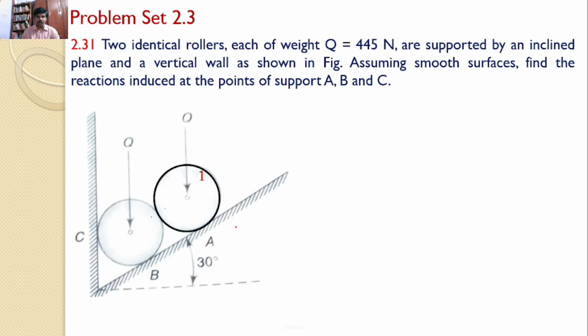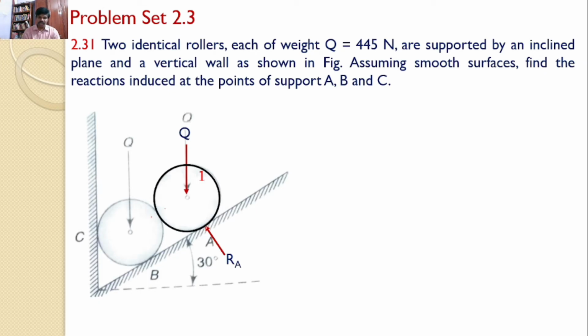Let's go to the problem. This I will consider as cylinder 1. Let us see what are the various forces that are acting on cylinder 1. The first force is the self-weight Q, of course. Now, as I mentioned, since roller 1 is in contact with this inclined surface here, a reaction force will develop.